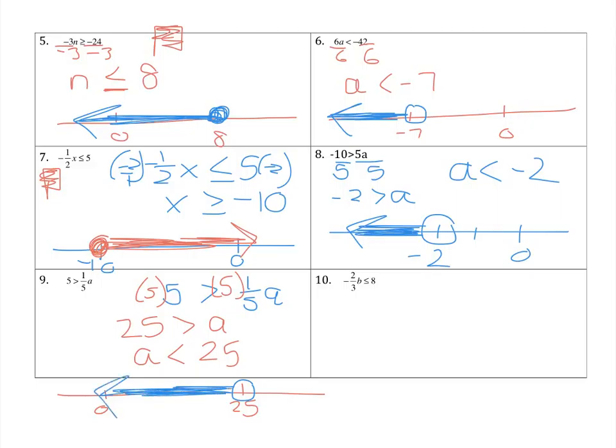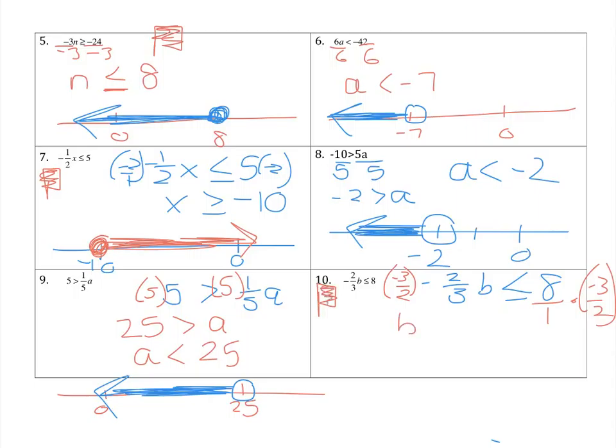Number 10, negative 2/3 b less than or equal to 8. In order to solve this, I'm going to multiply both sides by negative 3/2. I have to multiply by the reciprocal. I'm going to make this 8/1 times negative 3/2. I am multiplying by a negative. That is a red flag problem.